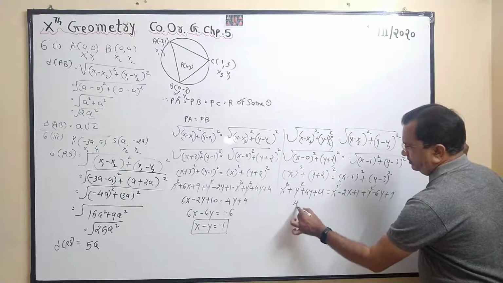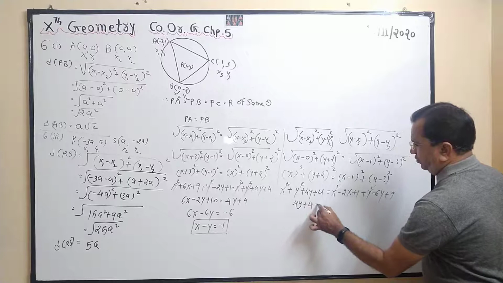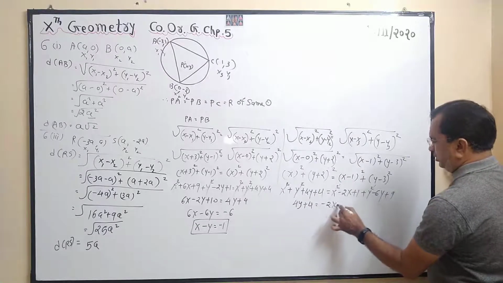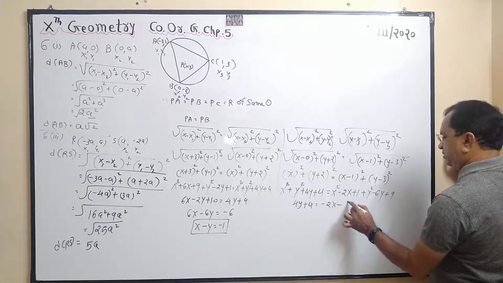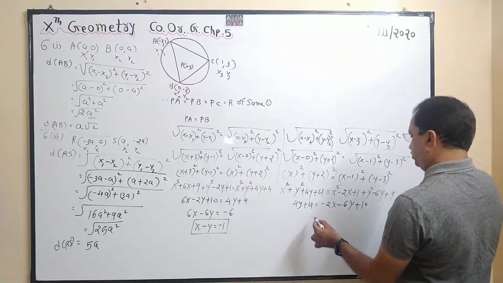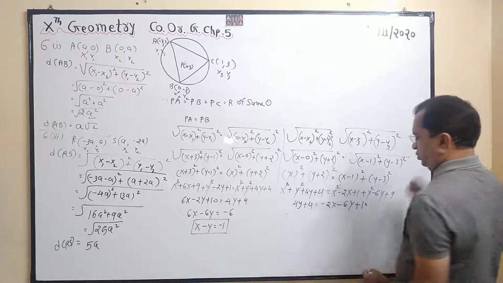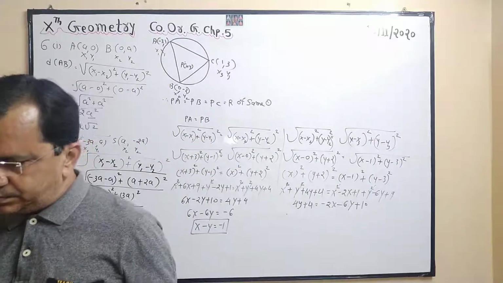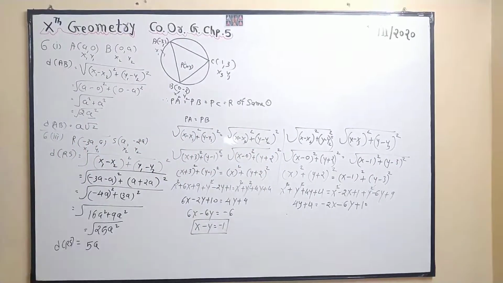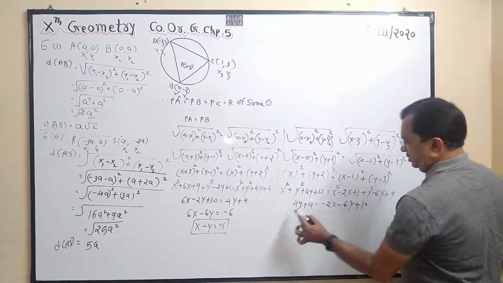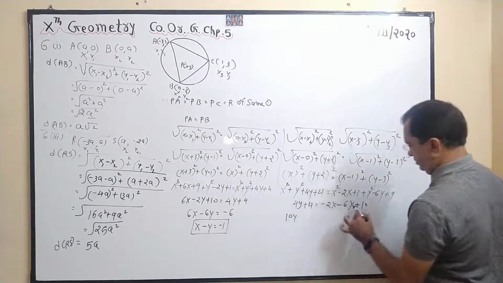Now 4y plus 4 is equal to minus 2x minus 6y plus 10. This goes this side. So 2x, this comes this side, so it is 10y.